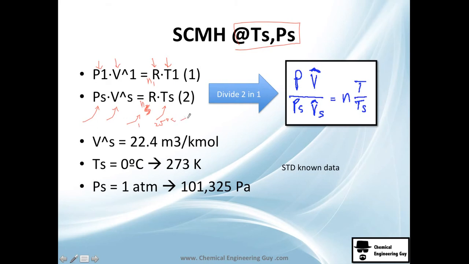Remember to change to Kelvin. Volume is 22.4 liters, and pressure is 1 atmosphere. And this will be our gas: the actual gas, where we have temperature, pressure, volume, etc. What happens if we divide 2 by 1? This will happen. R, the constant, will go, and probably N too, if it's the same number, which it probably will be, you can take it away. So you have the relationship.